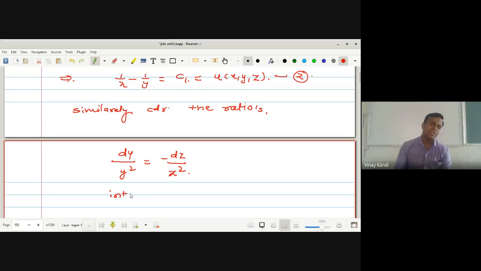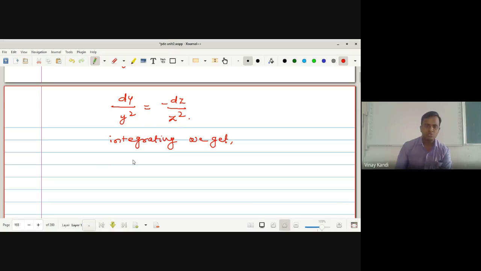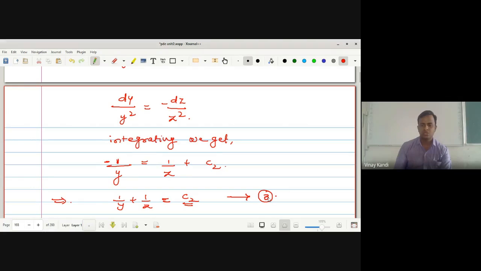Now again integrating, we get minus 1 upon y is equal to 1 upon z plus c2. So rearranging the terms, we get 1 upon y plus 1 upon z is equal to c2, where c2 is any arbitrary constant. Give it as equation number third. So this is our v of x, y, z.